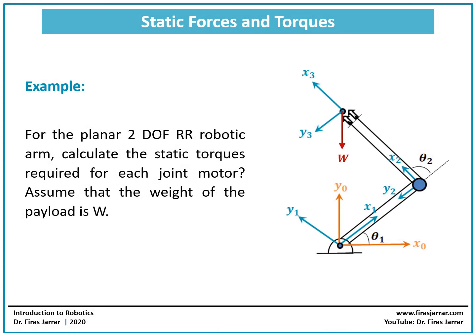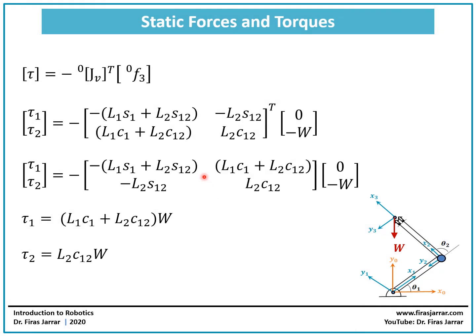So here we have the same problem as before, the same example, but this time the force acting at the end effector is the weight of the payload, W. As I explained in the previous slide, it will be easier to use the formula for the static torque, but this time expressed in the base frame. We already have the Jacobian, which we should have computed in the previous lectures, considering the kinematics of the robotic arm.